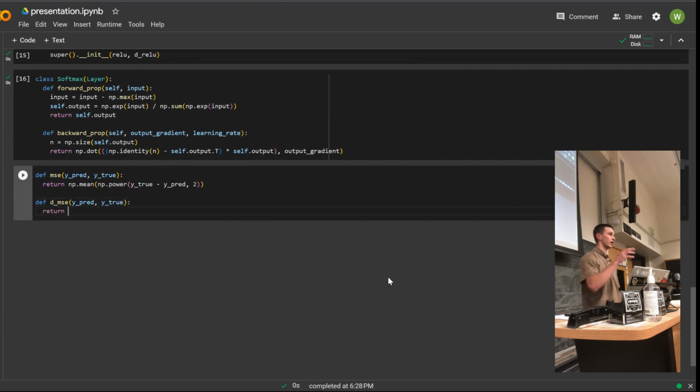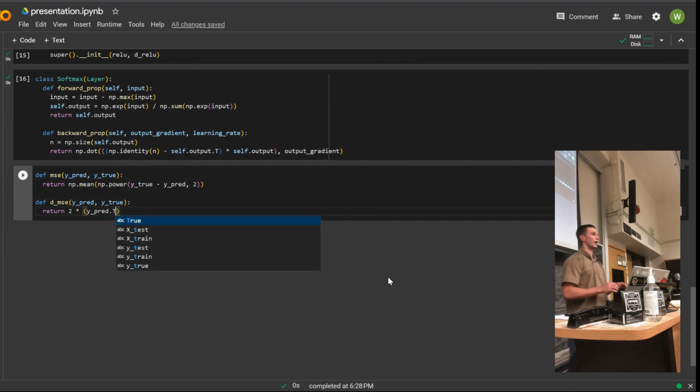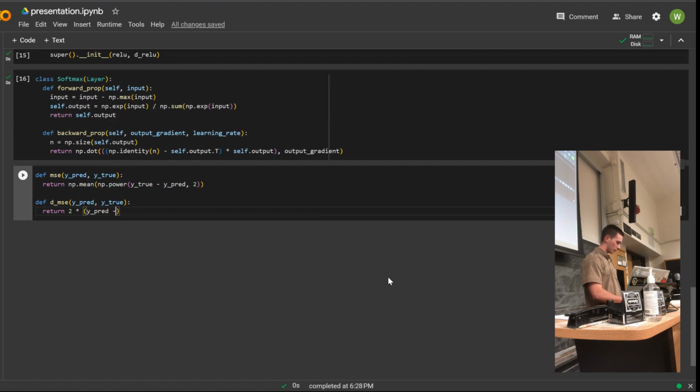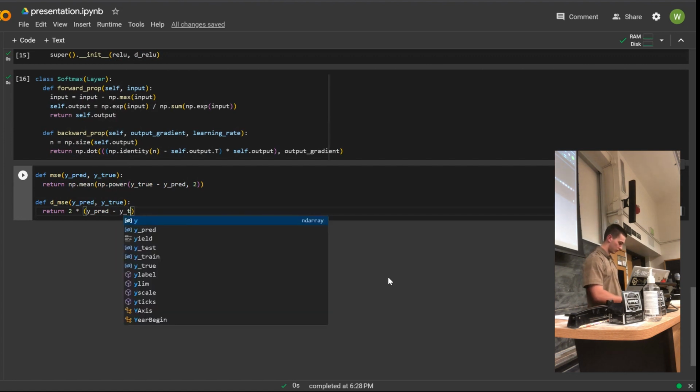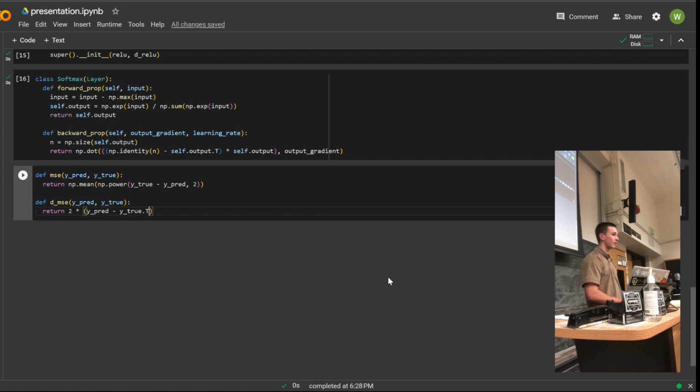And so that was 2 times the y star minus the big Y, if you remember. And our actual values here are listed as row vectors when we did the one-hot encoding. So we need to transpose those here. However, for some reason, when I did it like this, it didn't work.